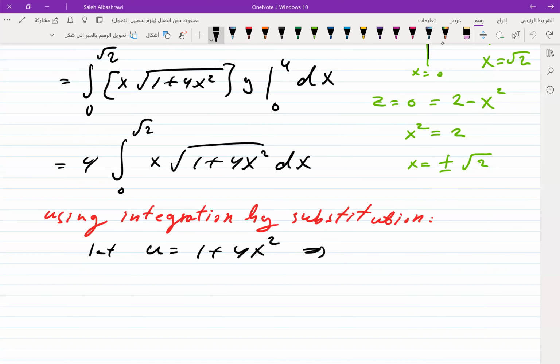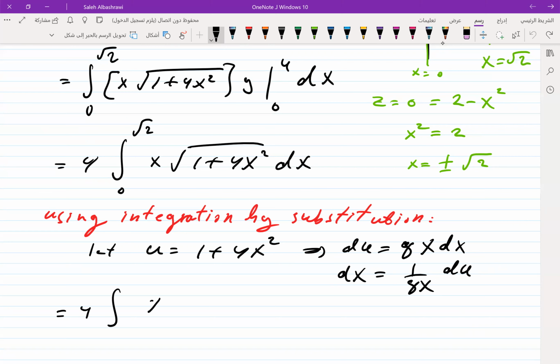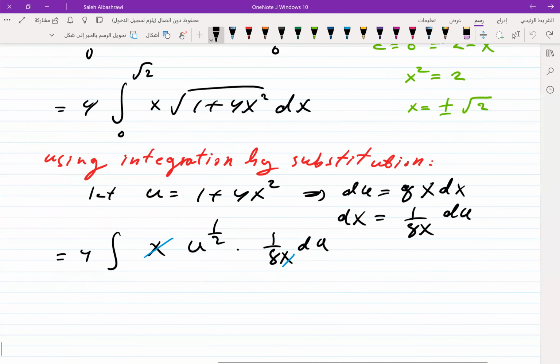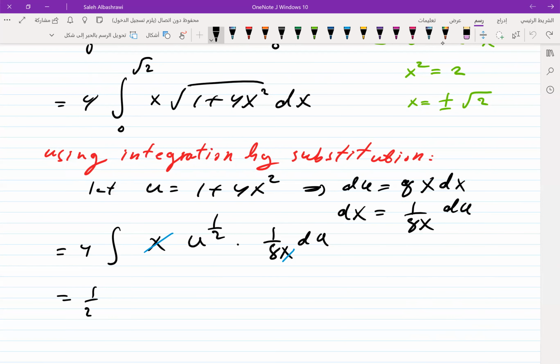This will give me du equal to 8x dx, or dx equal to 1 over 8x du. I will keep the limits till the end. So this is 4 times x times u to the power 1 half, and dx is 1 over 8x du. x will cancel x. I will have 1 over 8, and outside it will be 1 over 2. The integration of u to the power 1 half will be 2 over 3 u to the power 3 over 2.